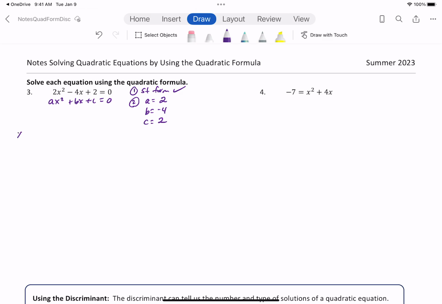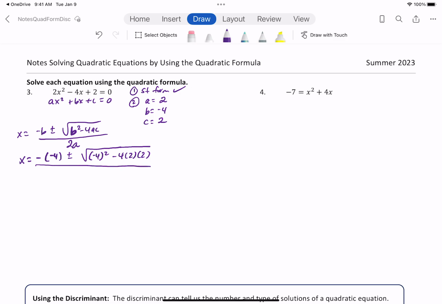Alright, so if we start substituting our values, I have negative times b, in this case negative 4. We're going to square b, which is negative 4, minus 4 times a times c, all over 2a.